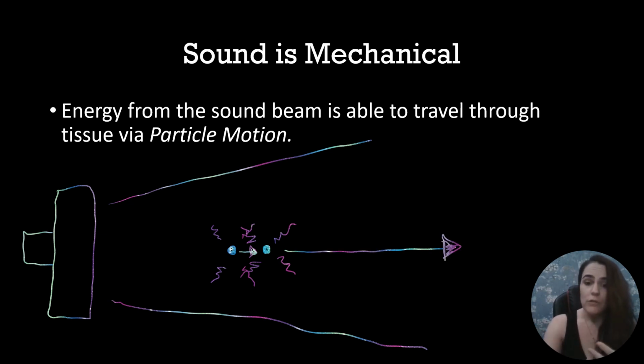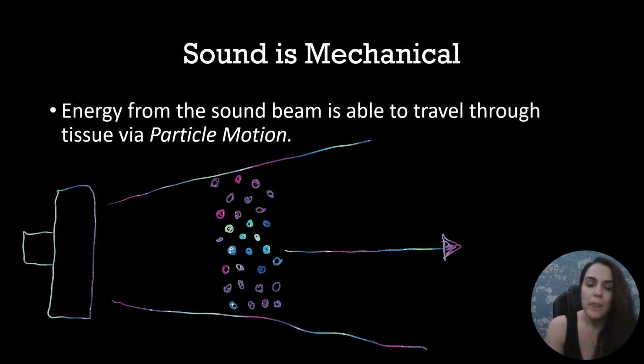So on and so forth, all the way through the tissue. It's going to be excite, bump into, excite, bump into the next, all the way through the tissue. This is particle motion.